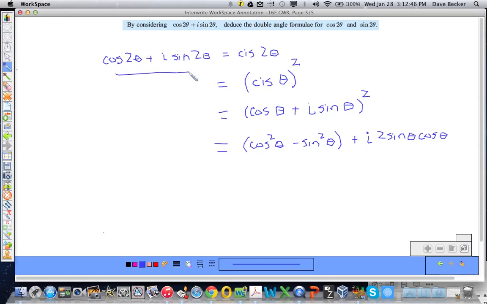So if this equals this, remember, cosine 2 theta must be equal to cosine squared theta minus sine squared theta. This is a nice little proof. I love it. And if i sine 2 theta is equal to i 2 sine theta cosine theta, then sine 2 theta must clearly be equal to 2 sine theta cosine theta.